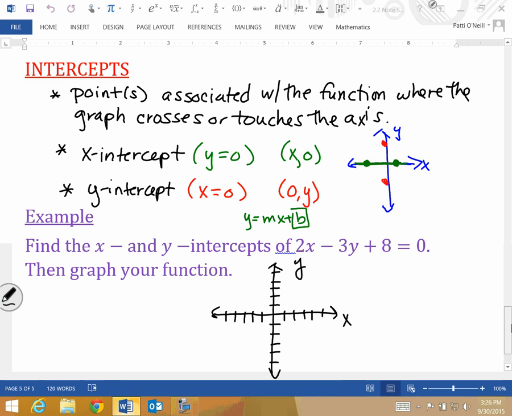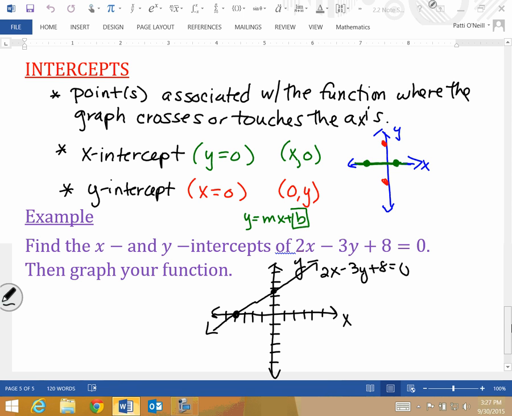We had an x-intercept of negative 4, 0, and a y-intercept of 0, 8/3. 8/3 is about 2 2/3, so I'm going to put my dot over here. And then, because this is linear, I'm just going to connect them. And this is the graph of the equation 2x minus 3y plus 8 equals 0.